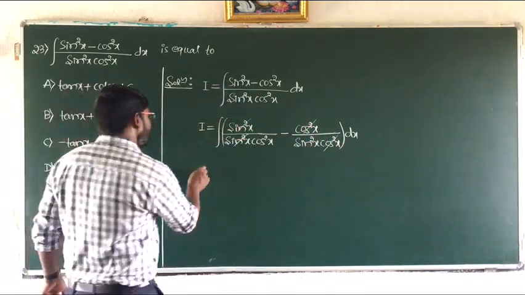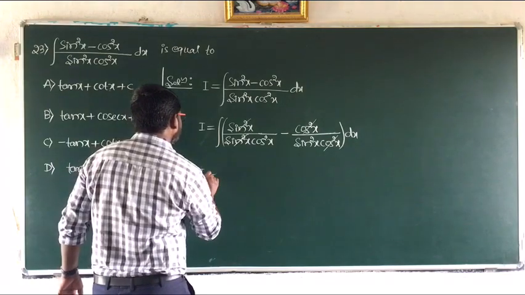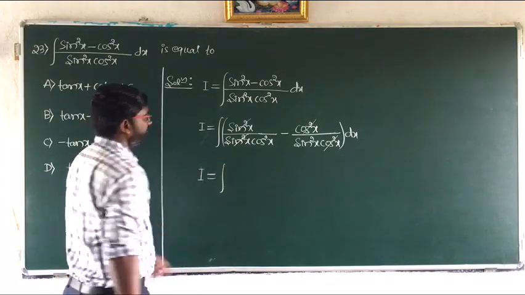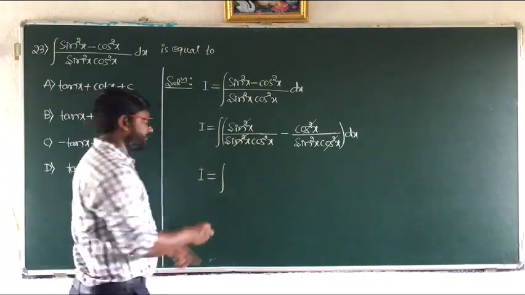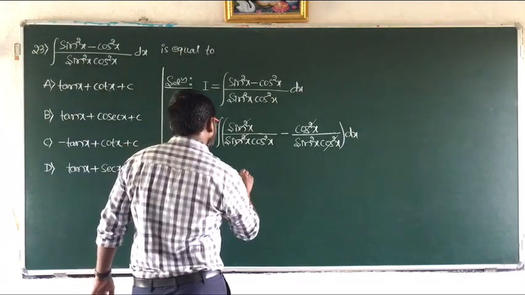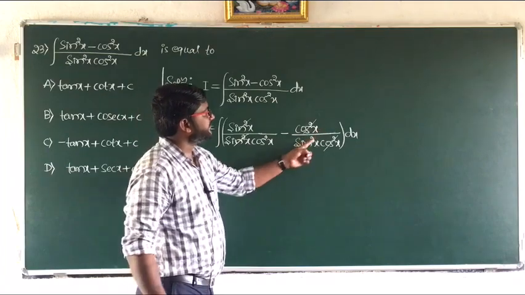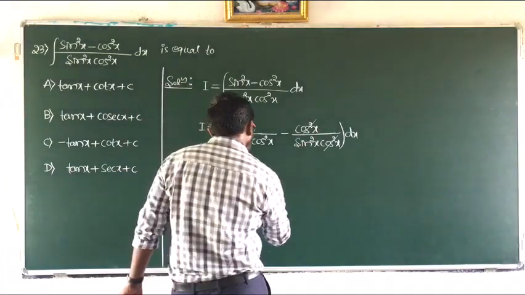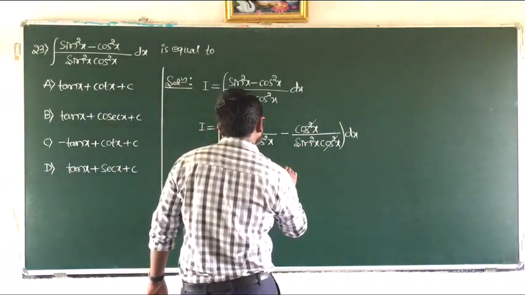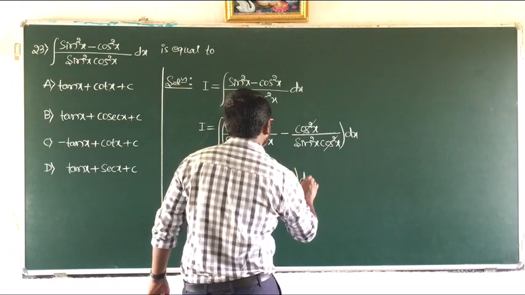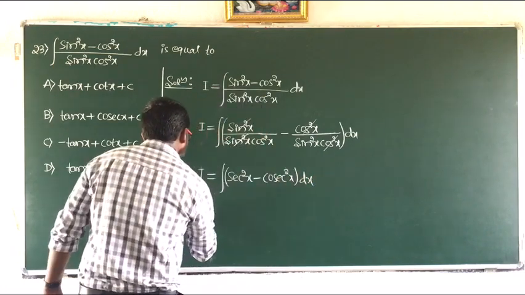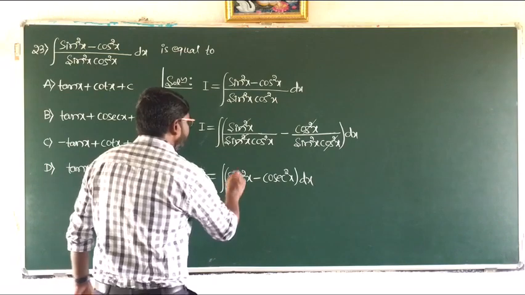Let us rewrite the integral I, which is equals to integral 1 by cos square x is nothing but secant square x minus. So 1 by sin square is nothing but cosecant square x, then dx. So now I, which is equals to, integrate them separately.